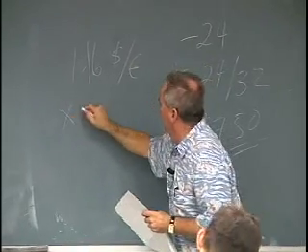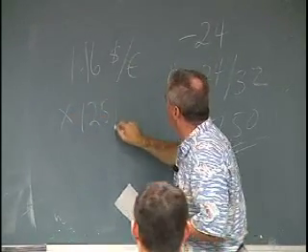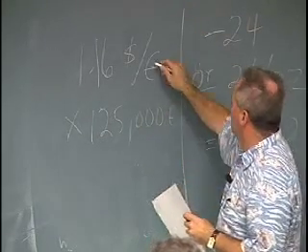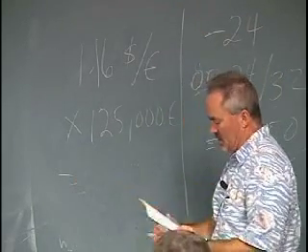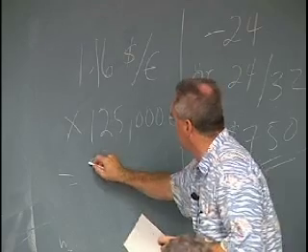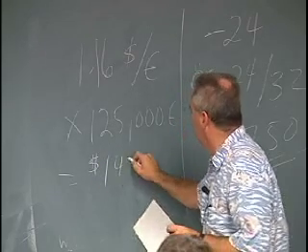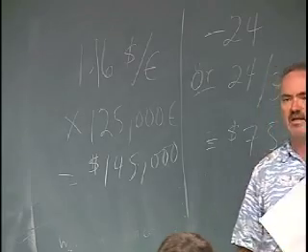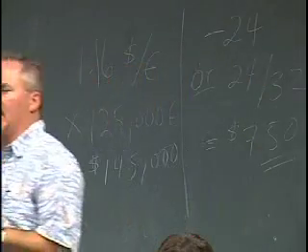If we multiply that by 125,000 euros, well then the euros will cancel, and we'll get the dollar amount, which is about $145,000. So that's the approximate value of that contract.